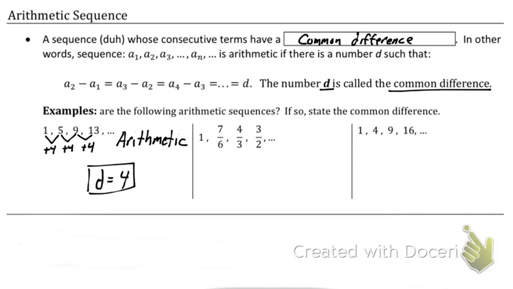Here's a hint. Fractions can be tough when they have different denominators. It's hard to see whether you're adding, multiplying, or what's actually happening between them. So anytime you see fractions in a sequence, you're going to try rewriting them with a common denominator. All right? Then you can see if you're adding or subtracting.